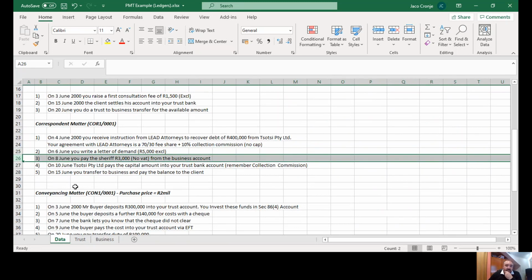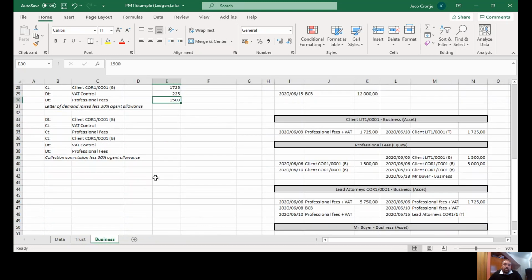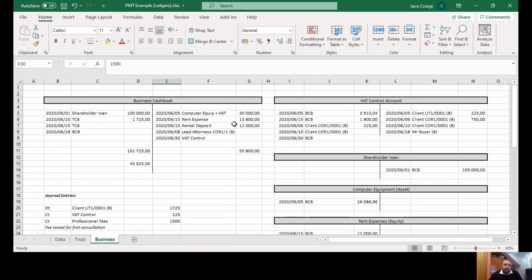Now we say on the 8th of June, you pay the sheriff 3,000 Rand from the business account. So that we say is not applicable to this. Now, will this be a trust or a business transaction? The answer is business, because it says so. Will there be a flow of cash? The answer is definitely yes.